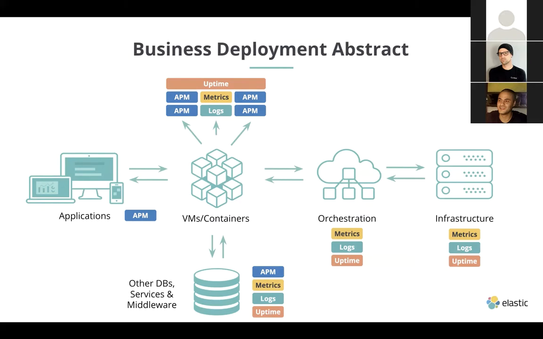And that data is retrieved from that agent and then sent to an APM server that would live in your Elastic cluster. Again, that could be on-prem or in the cloud. And this is a visual showing you that APM can be on your app side, middleware side, as well as your logs and information for uptime, sending those metrics to the APM server.